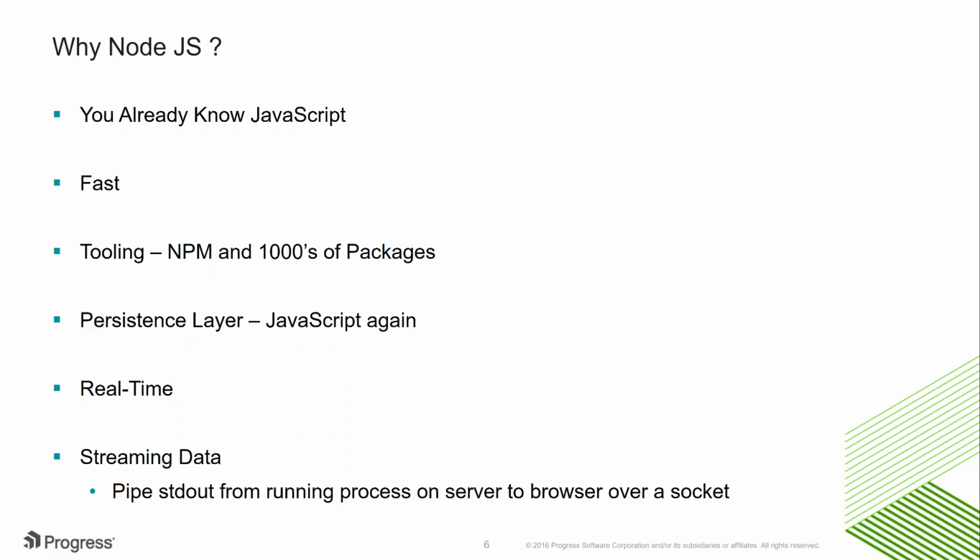Real time. I can use socket based programming wherein if somebody is inserting a record, I can go back in real time and tell all the connected clients that, hey, there is a new record added. So Node provides you this socket based programming also. Basically, you use a socket for peer-to-peer communication, meaning I have hundreds of clients connected.